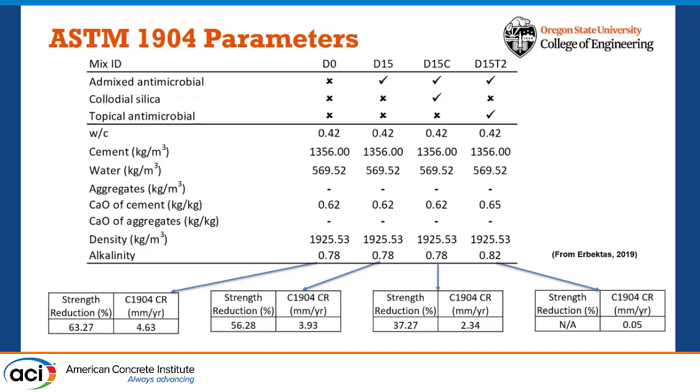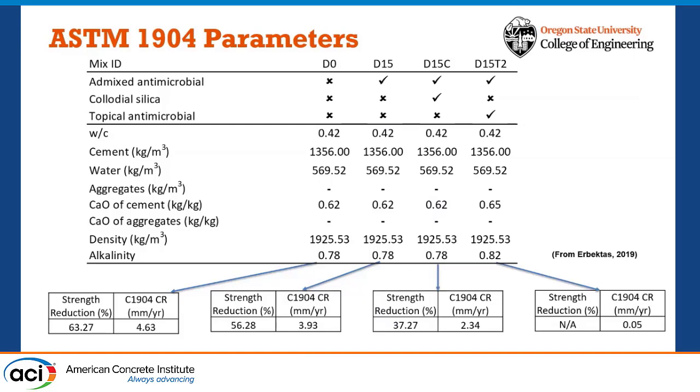So here I will present some results. These are some mixtures we did for the ASTM testing. D0 here is the mix without an antimicrobial treatment. For D15, we have admix antimicrobial treatment. For D15C, we have admix and also a densifier.